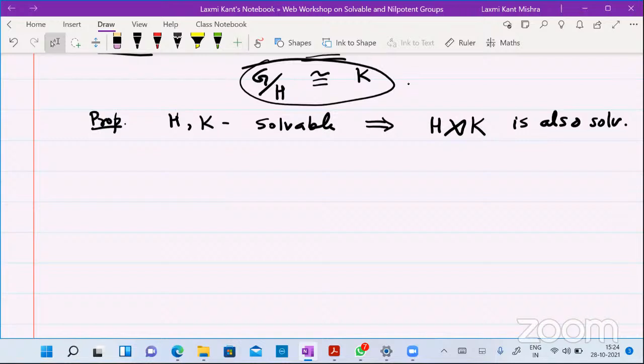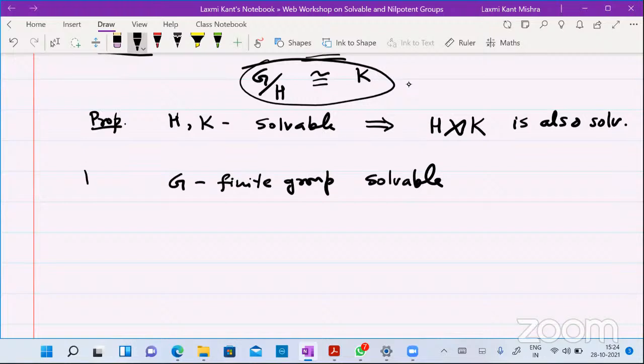Okay. So suppose we have a finite group which is soluble. I'm just stating this result; I will not prove it.